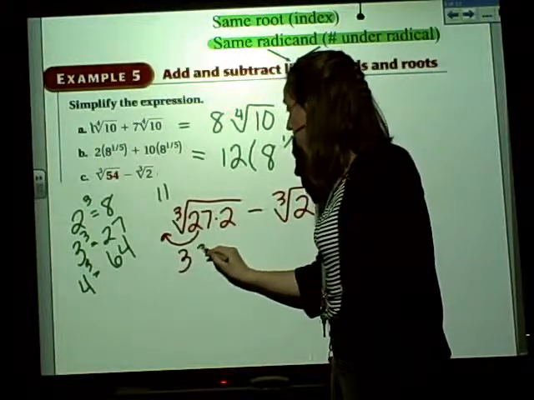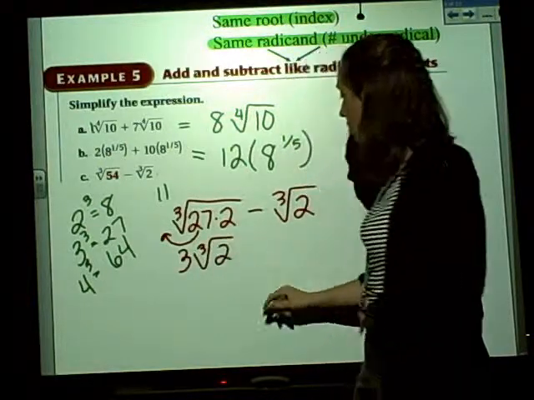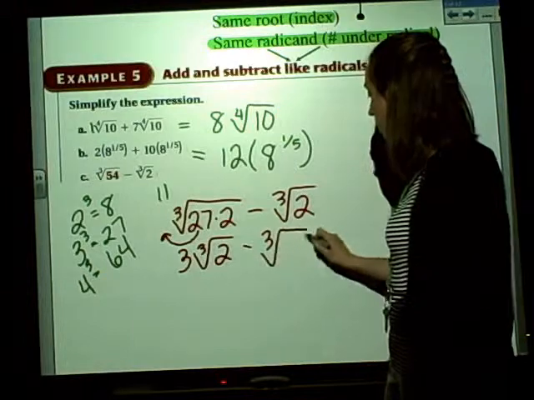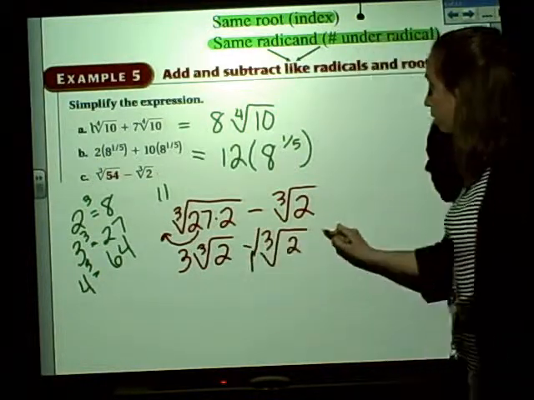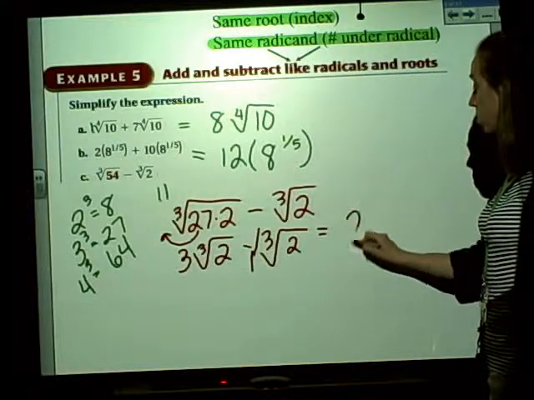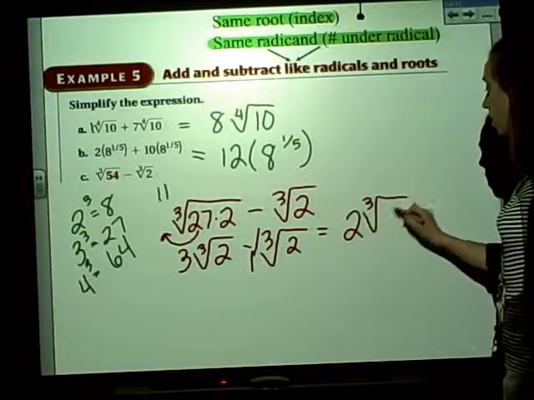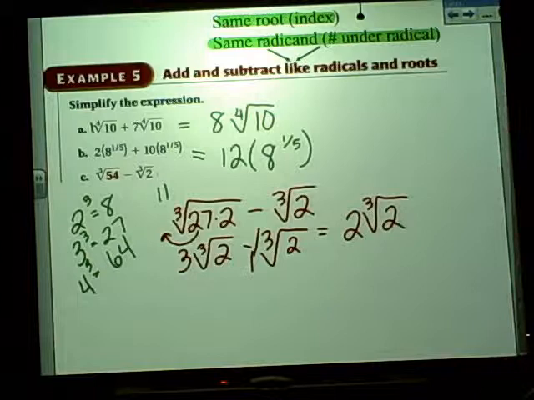So we get 3 cube root of 2 minus, even though you don't see it, 1 cube root of 2. 3 minus 1 gives me 2. So my final answer, 2 cube root of 2. Treat them just like a variable. You just might have to rewrite to make them match.